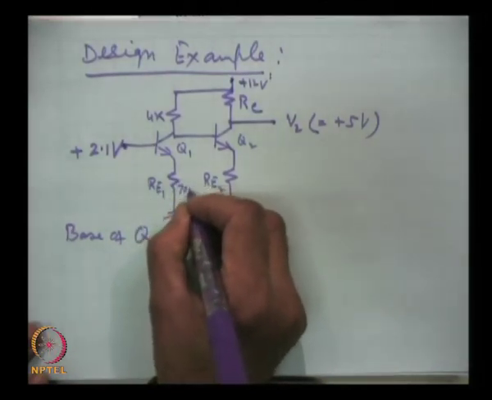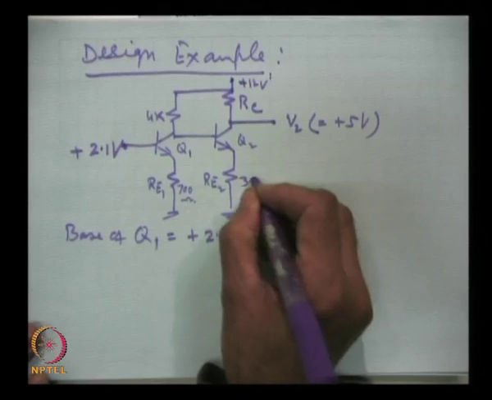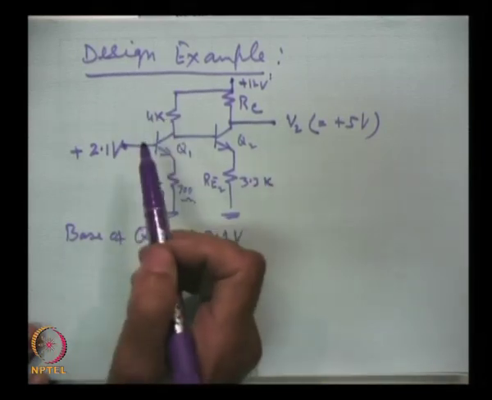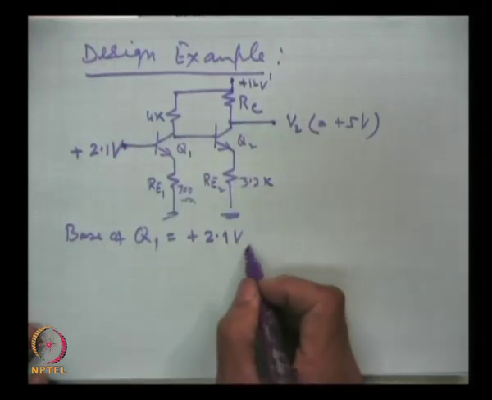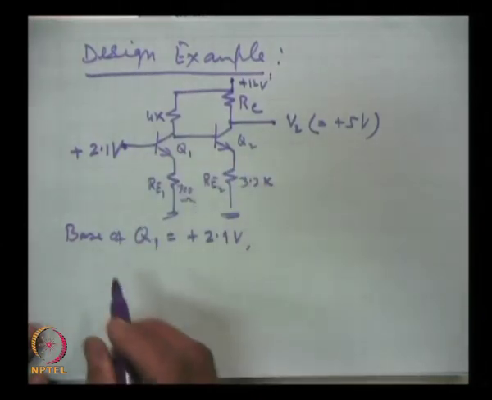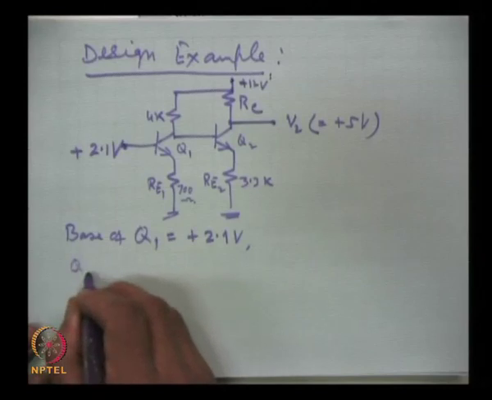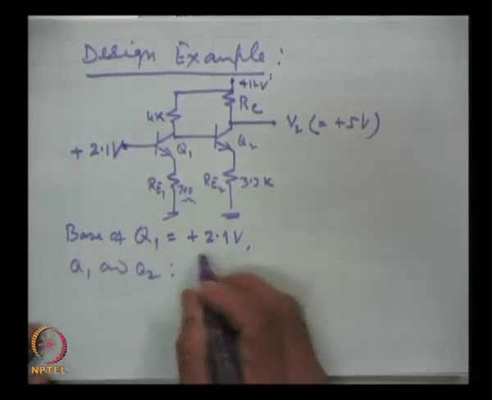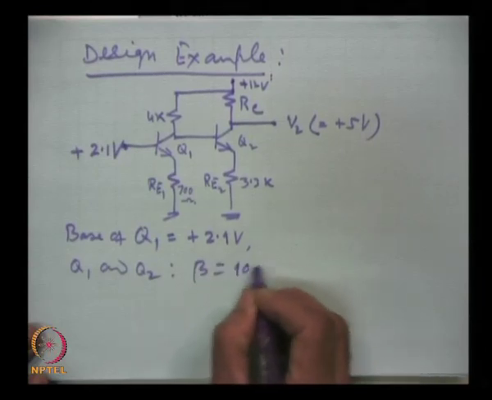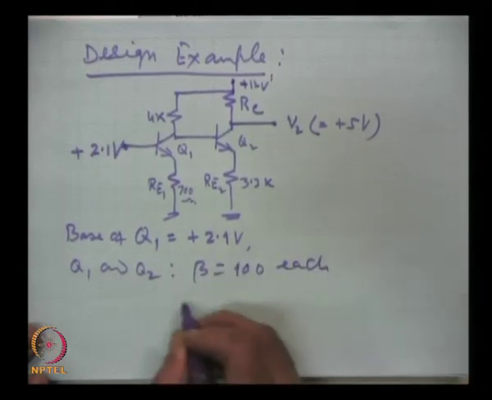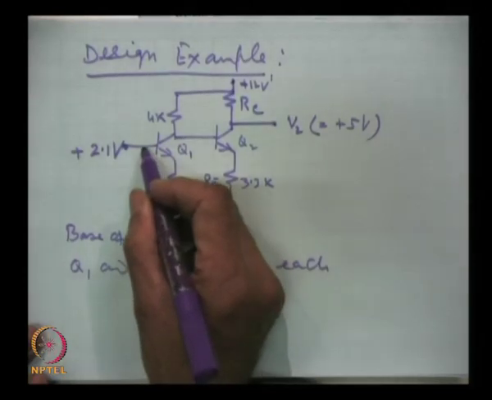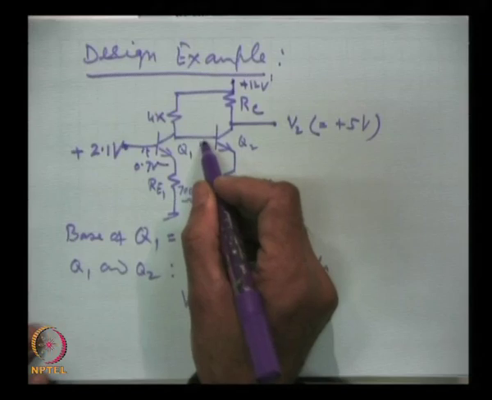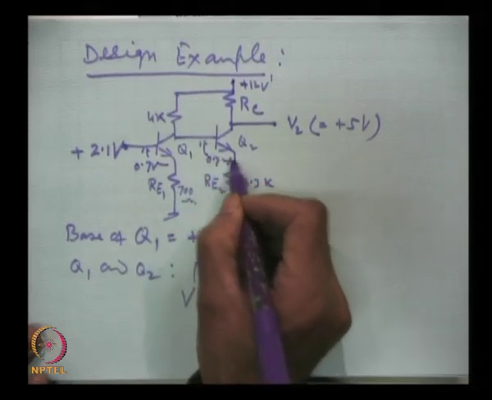This is 700 ohms and this is 3.3 kilo ohms. This is 4K. What is given is that for both transistors Q1 and Q2 the current gains are the same, beta is 100 each, and the voltage drop here is 0.7 volts and here it is also 0.7 volts.